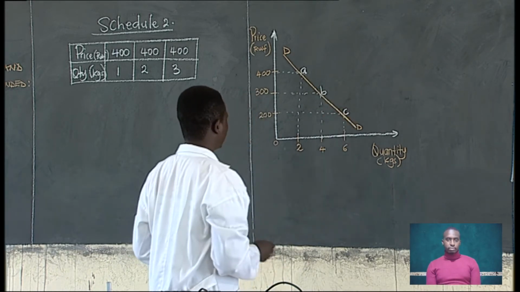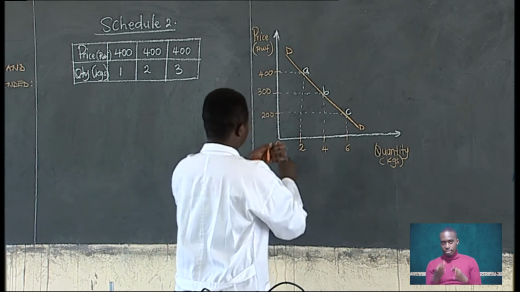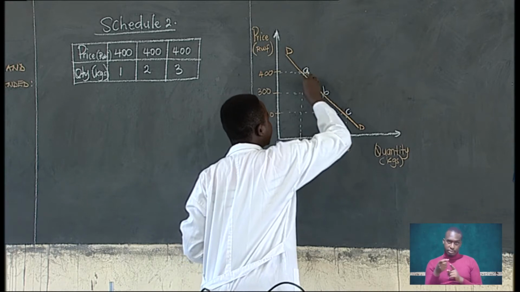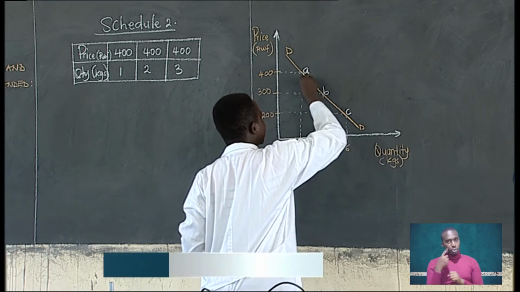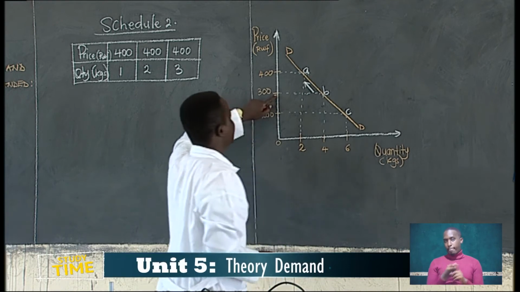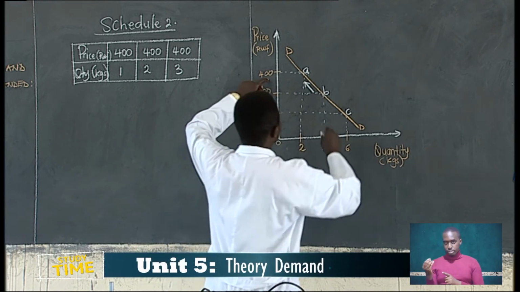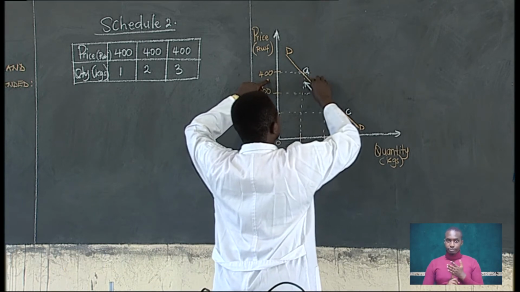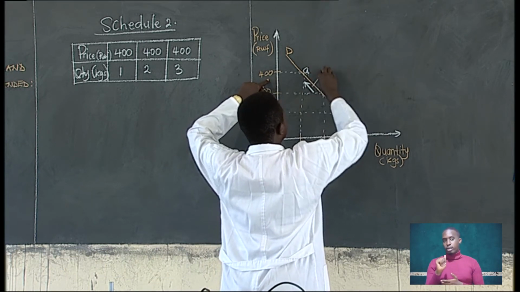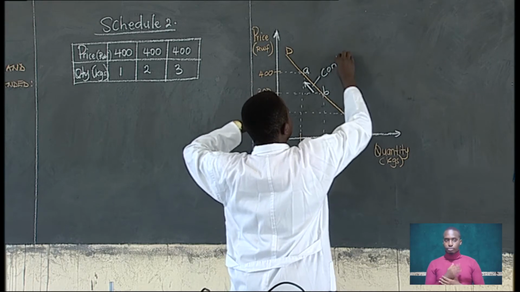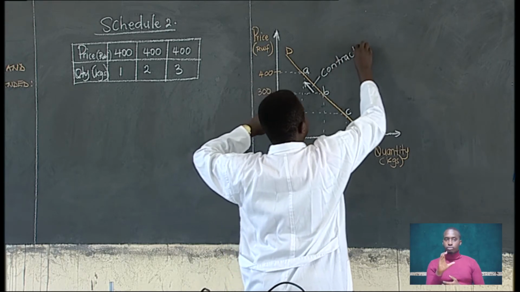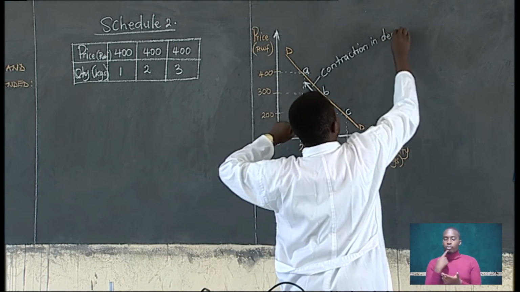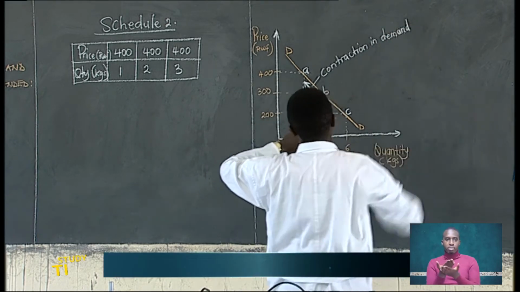I want us to note one thing. As the price increased from 300 to 400, this indicates a contraction in demand, meaning there is a reduction in the quantity demanded of the commodity due to an increase in price.